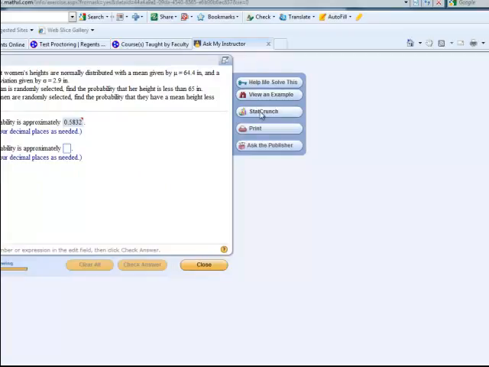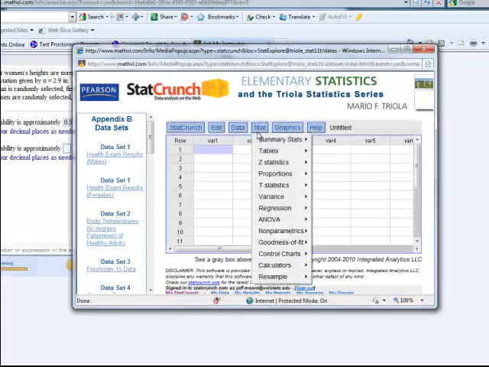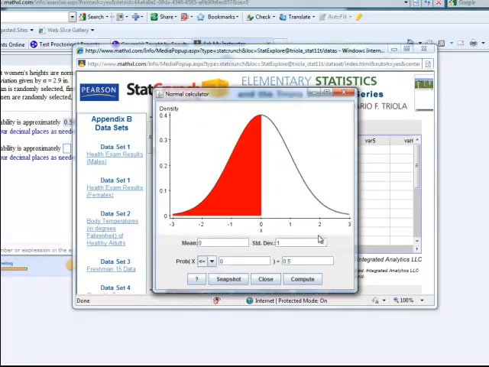Now we can use the calculator in StatCrunch. So we'll click StatCrunch, Stat, Calculators, Normal. We'll leave the mean at 0 and the standard deviation at 1 since we have calculated a z-value. That z-value was 0.21.